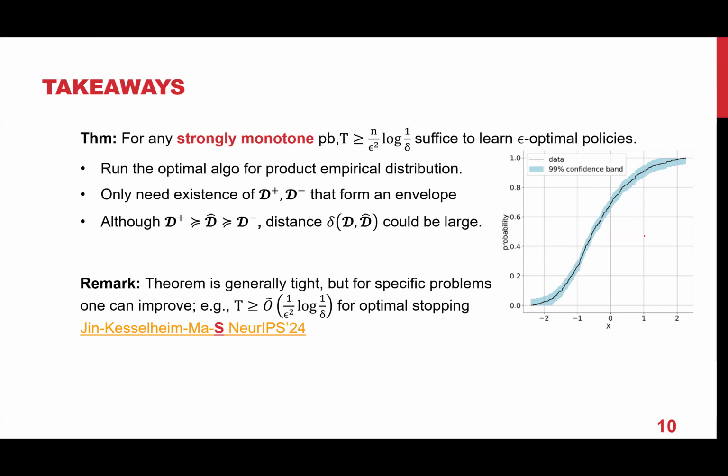This result in general is tight, this n over epsilon squared. You can show there are problems for which you cannot do better. For specific problems, one can do better. For instance, for the optimal stopping problem, we had a paper last year at NeurIPS which showed that you can even remove this n entirely. For the so-called prophet inequality or optimal stopping problem, you can remove the dependency on n entirely.